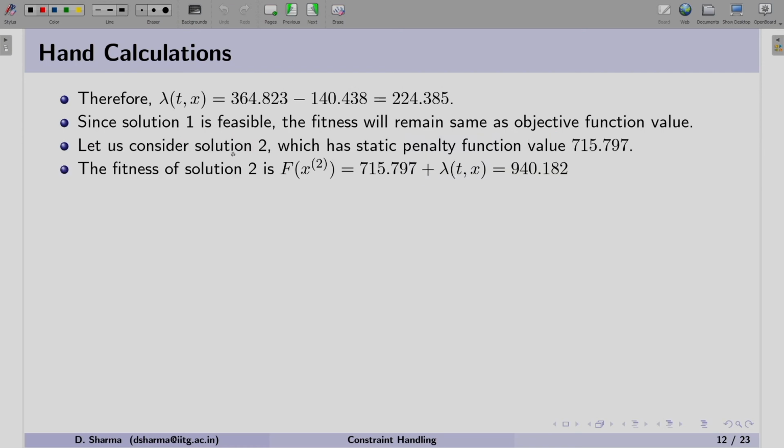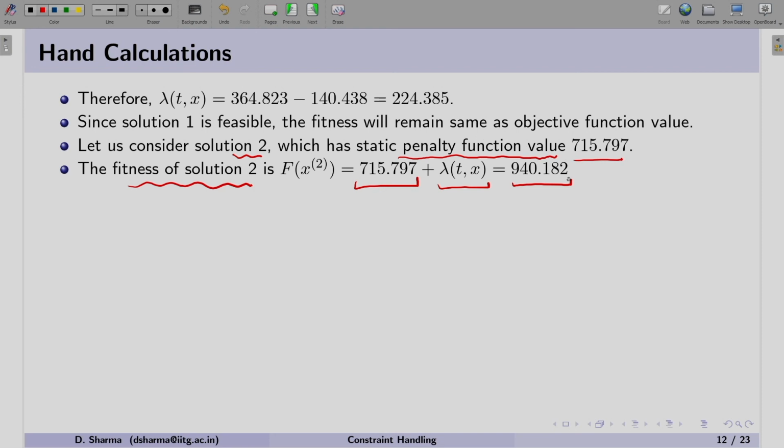Now, consider solution number 2. The static penalty function value, as we calculated earlier, is given as 715.797. So, the fitness of solution number 2 is the static penalty function value plus the lambda value. That is giving me 940.182.